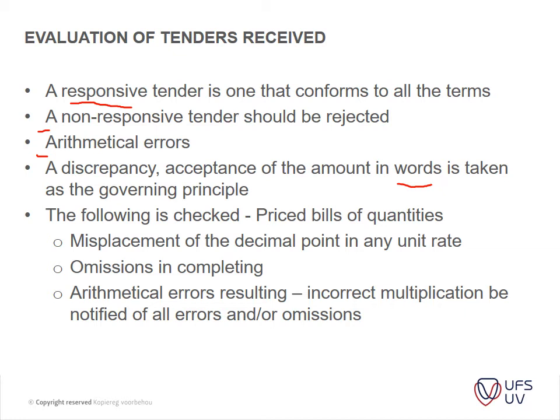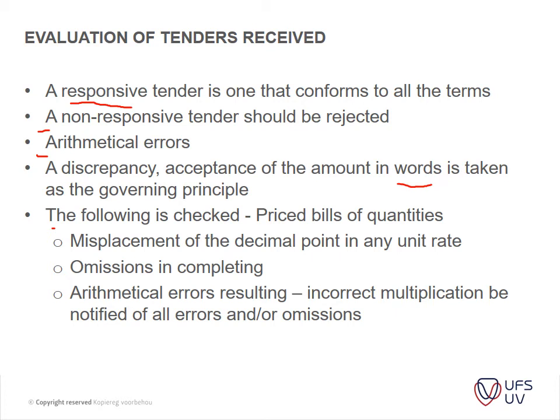So for instance, if you wrote an amount of 100,000 in numbers, and then in words you wrote 1 million rand, the 1 million rand will be your tender offer. Okay, the following is then checked. Your price BOQ. So now you've gone through all the technical eligibility type of checks.